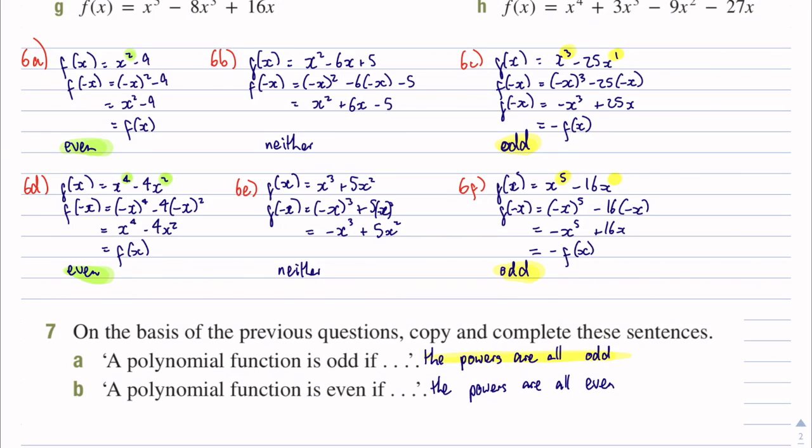Sorry, I didn't get that first one wrong. I overthought it. Or 0, because that was 9. That's x to the 0. So that's a quick way to check if it's a polynomial.